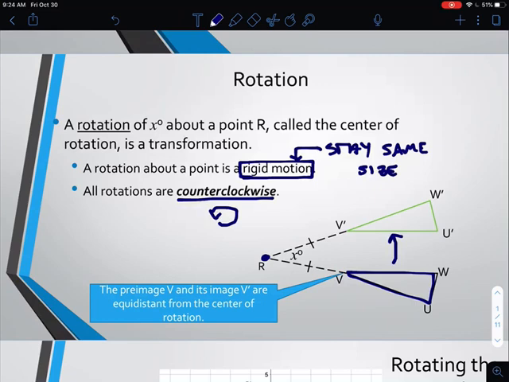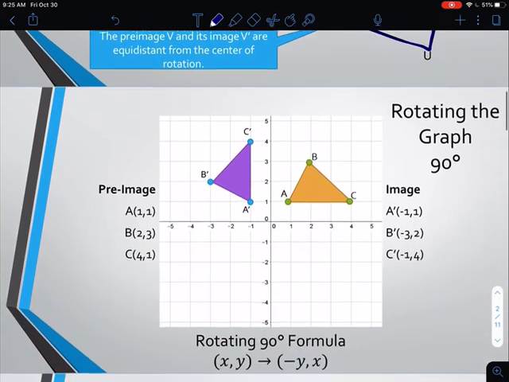When you rotate, points don't move any closer or farther away from the center. In this case, point V here is exactly the same distance from the center as point V prime would be. As we rotate it around, all the points stay the same distance away from the center. So the big thing again, counterclockwise rotations.